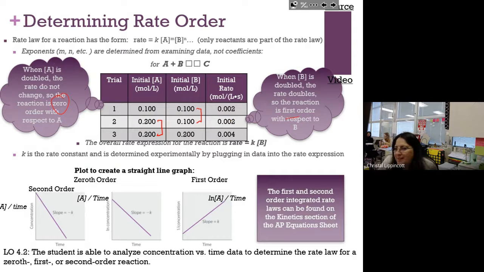With respect to B, when we doubled B and kept A the same, then it was first order. So the overall reaction order, you would add those together, and 0 plus 1 is 1. So this is the rate law for that.